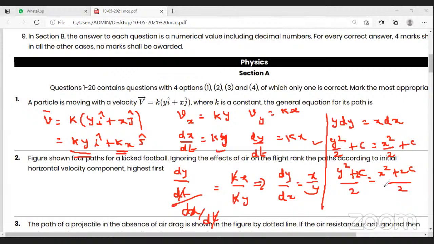Finally you should not write 0; that is again a constant only. So finally you can write the equation y square equal to x square plus constant. This is the relation between y and x.